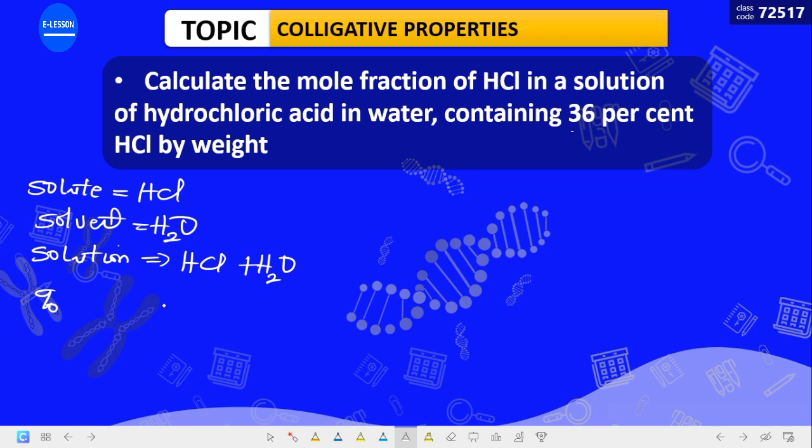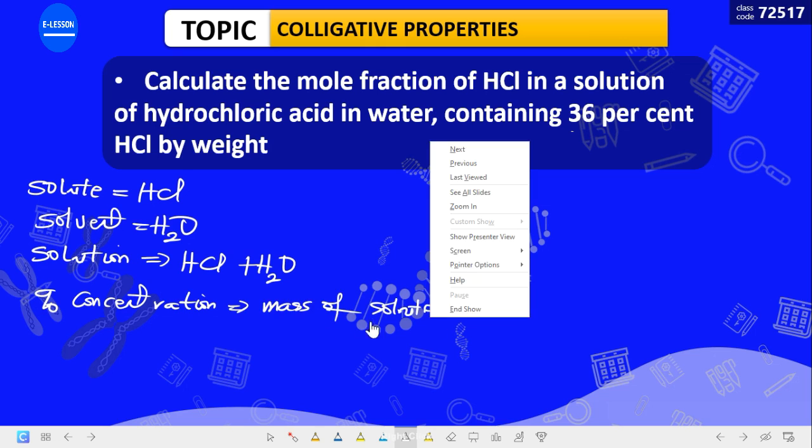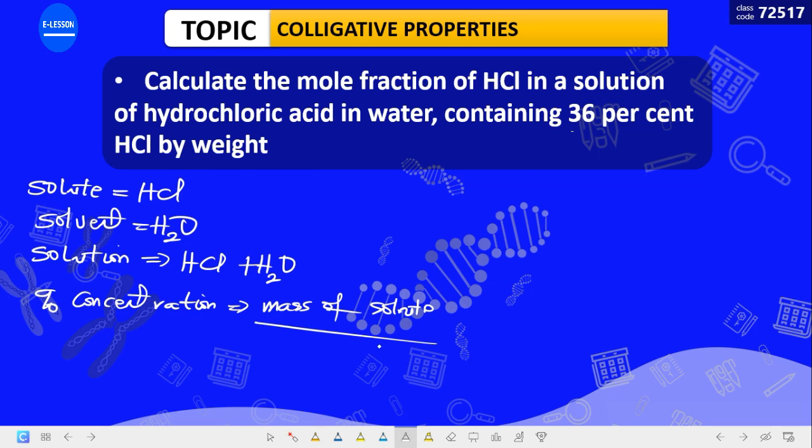Now we said that expressing concentration, which is percentage concentration, is always the mass of solute all over 100 milliliter of solution.